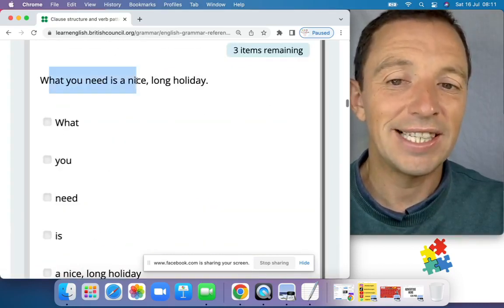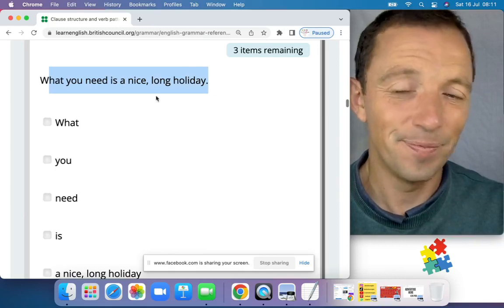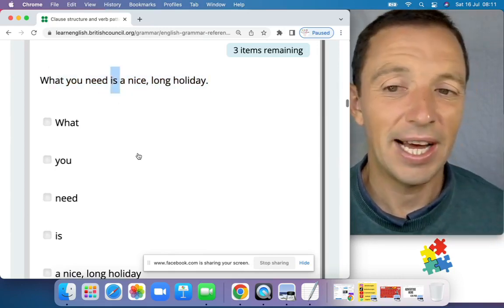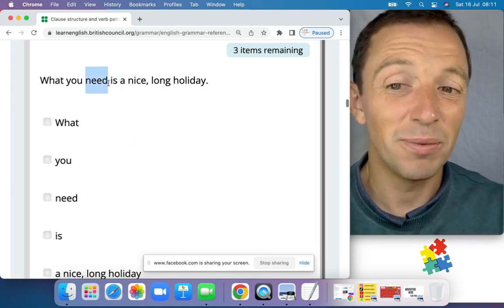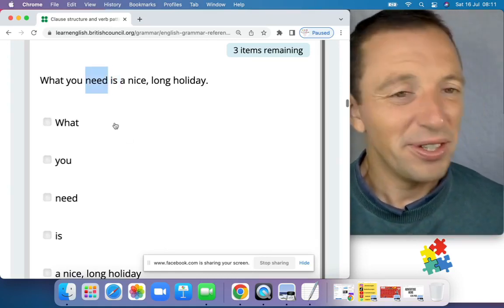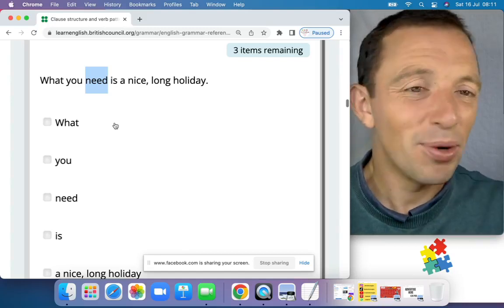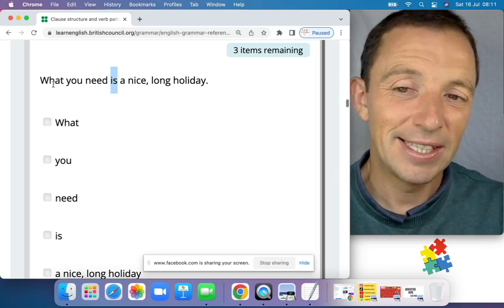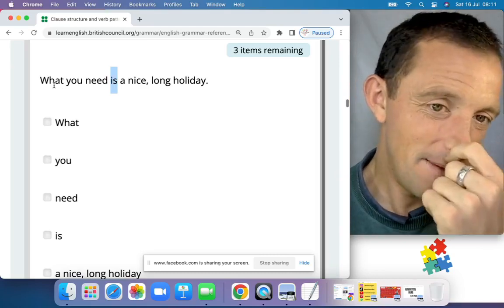What you need is a nice long holiday. So the verb is to be and also the verb to need. So we have two verbs, but I think the principal main verb is the verb to be, is a nice long holiday. This is difficult.